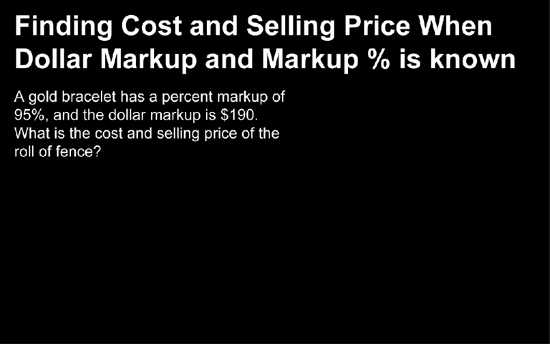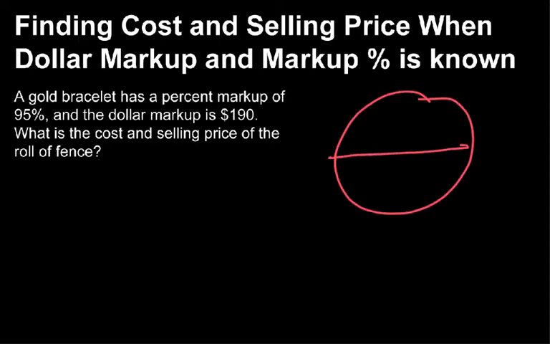Okay, and finally, the last type of situation you might see is where you're finding cost and selling price when you're given a dollar markup and the markup percent. So we're going to be using the PBR circle here that uses dollar markup because we're given that price, and in this case it's a gold bracelet that has a percent markup of 95%, and the dollar markup is $190. So we're going to put in $190 for our dollar markup, and our markup percent is 95%.